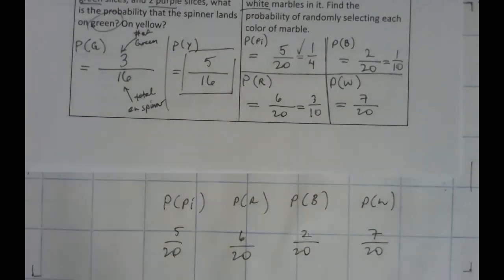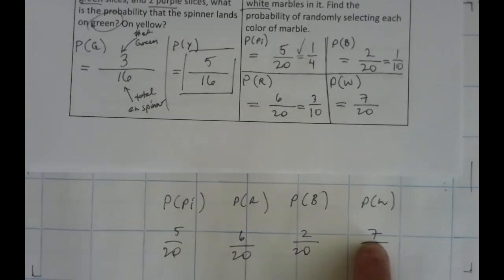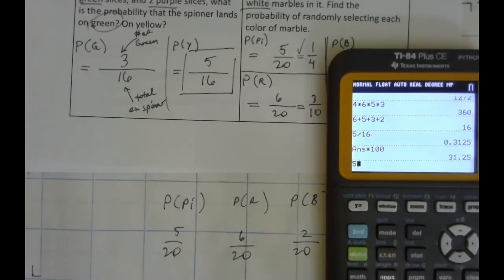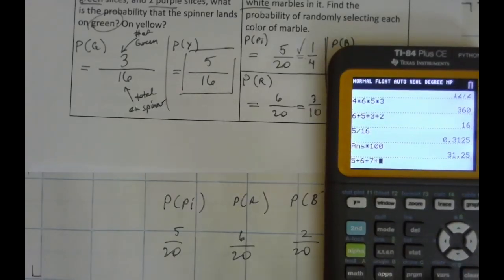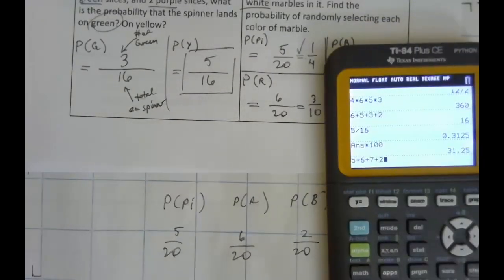Isn't it true, and maybe you can pause the video and think for a second, that 5, 6, 2, and 7 add to 20? Isn't that interesting? So 5, 6, 2, and 7 all add to 20. Why is that? Well, that's because, oh wait, what was the last one? 7? Wait, 5, 6, 7, and 2. Oops.